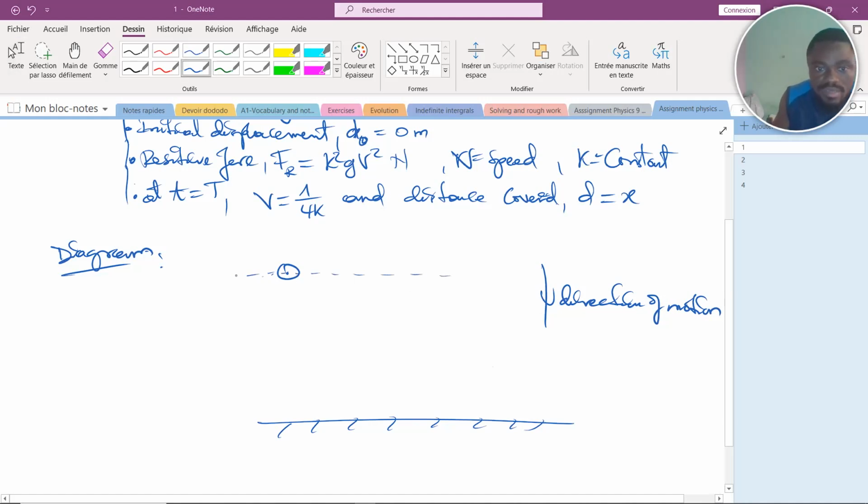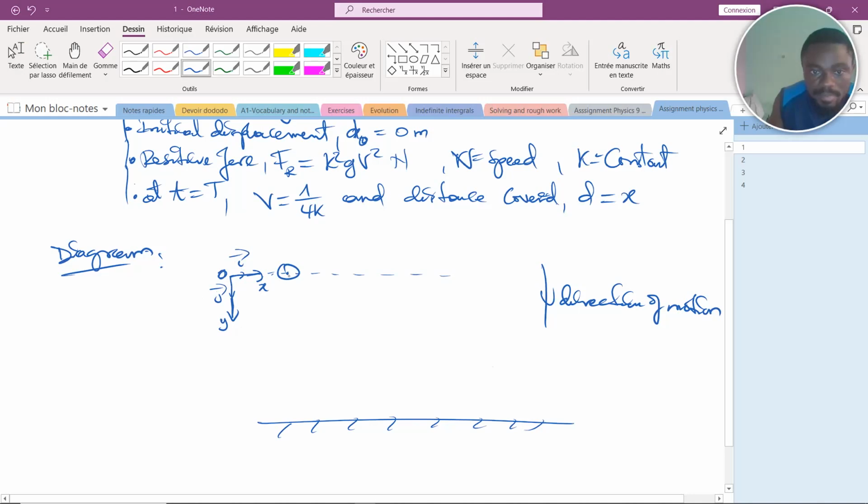From here, I'll draw my y-axis downward. So this is the j vector, my y-axis. This will be my x-axis, my i vector. So this will be my origin. I have already oriented my axis.